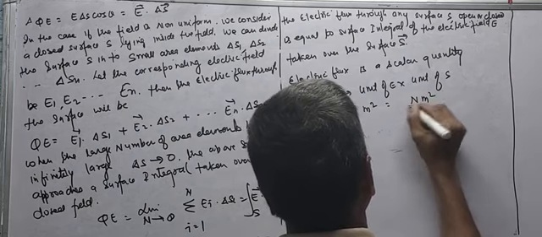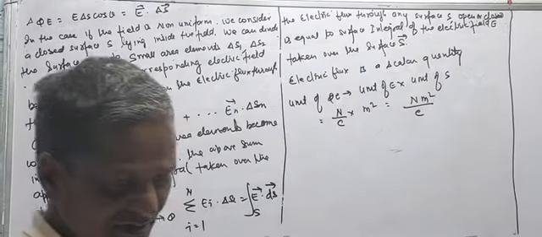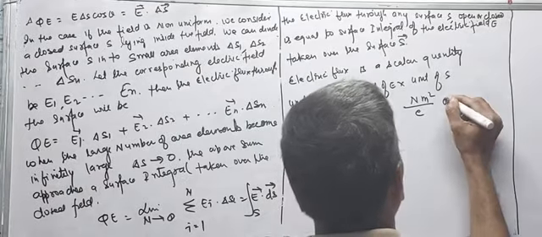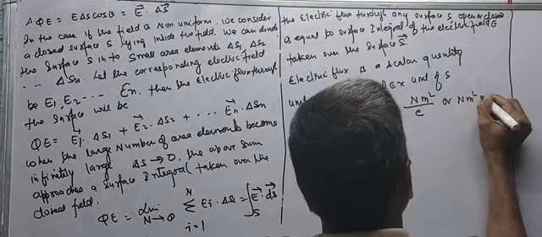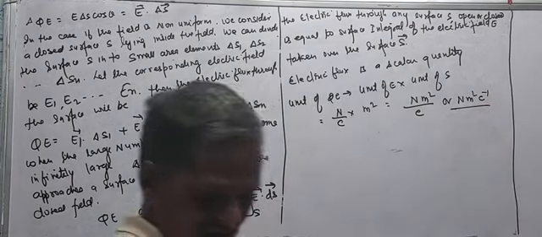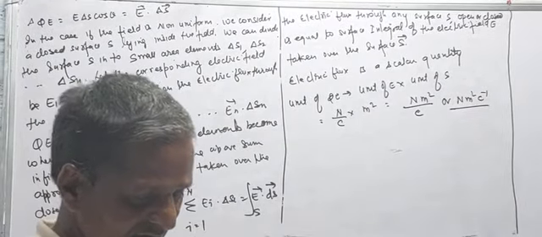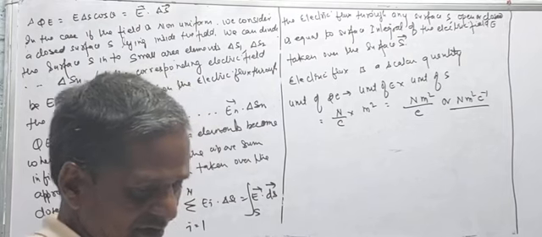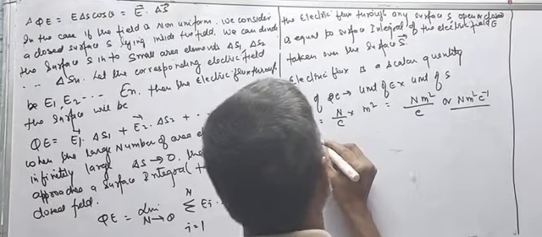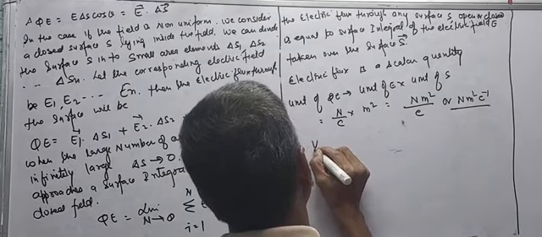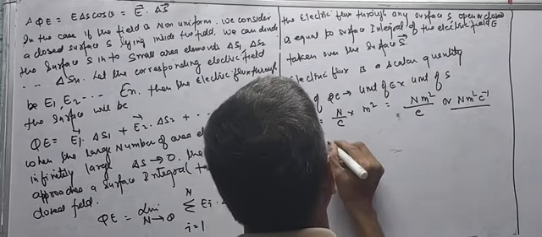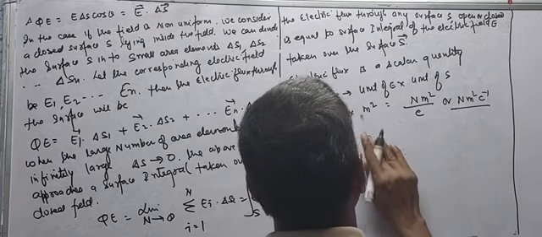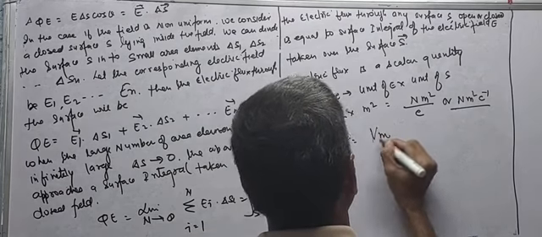So it becomes Newton meter square per coulomb, N m squared C minus 1. Equivalently, volt per meter into meter square, and it becomes volt meter.